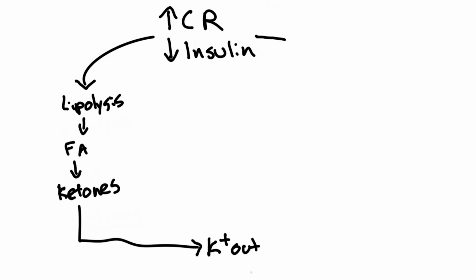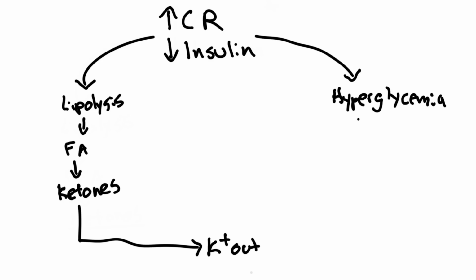On the other side of the equation, we have hyperglycemia, and this is secondary to the insulin receptors not having any insulin to push the glucose into the cells.